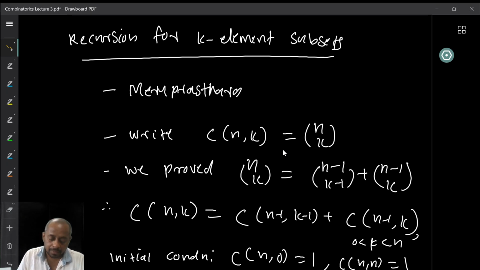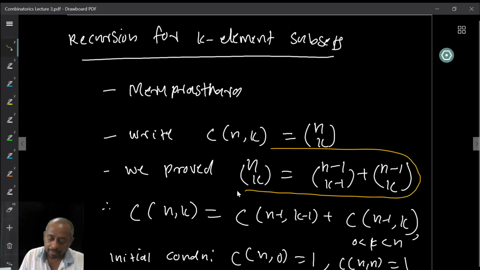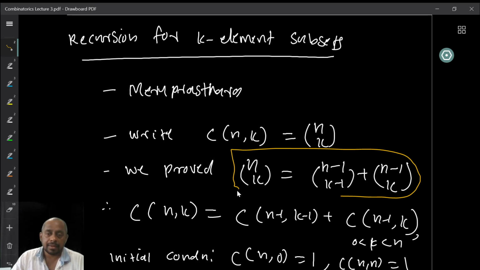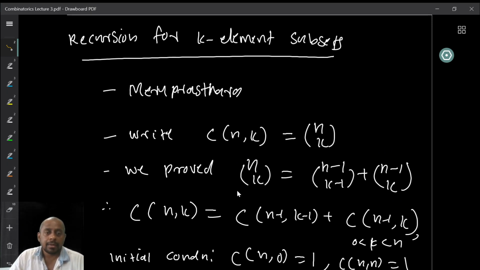We already proved, using a combinatorial proof, that n choose k is equal to n minus 1 choose k minus 1 plus n minus 1 choose k. We could also have done it using algebraic techniques. Because we have this, we can directly use this property to write the recurrence relation: C of n comma k is equal to C of n minus 1 comma k minus 1 plus C of n minus 1 comma k.